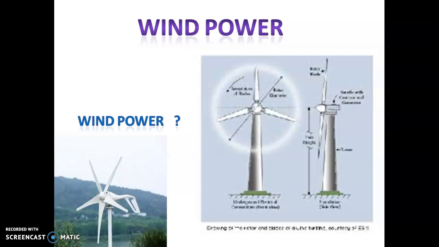Some of them are directly connected induction generators, then the doubly fed induction generator, also called a doubly fed asynchronous generator, then generators with power electronic converters. So these are the three competitive technologies we are using nowadays.